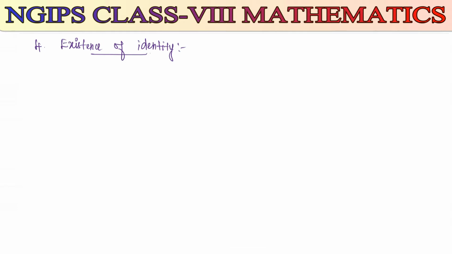The rational number, I am going to consider it as a by b. Okay, we know very well identity is nothing but we need to subtract something from the number. When you subtract, you have to get the same number. If this is satisfied for the left hand side and the right hand side, then the existence of identity is satisfied, or we can say subtraction has identity.